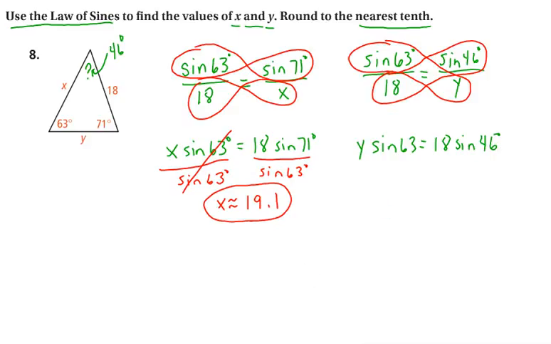And then I'm going to divide both sides by sine of 63 to get y by itself. The sine of 63, those divide out, and I'm left with y equals 18 sine of 46 over sine of 63.